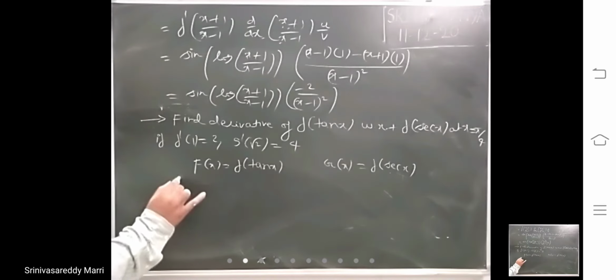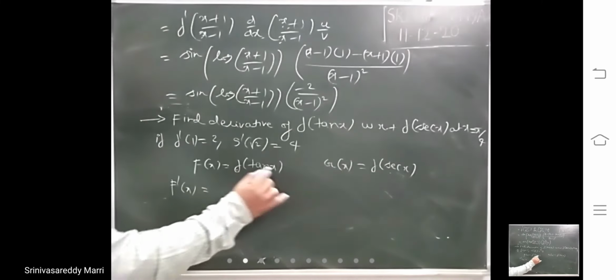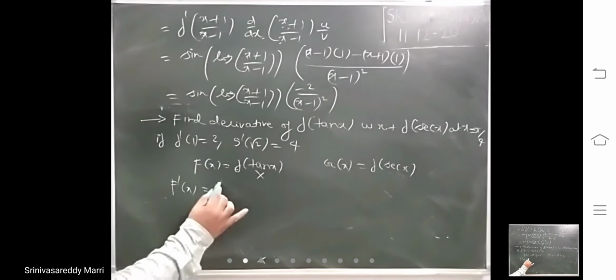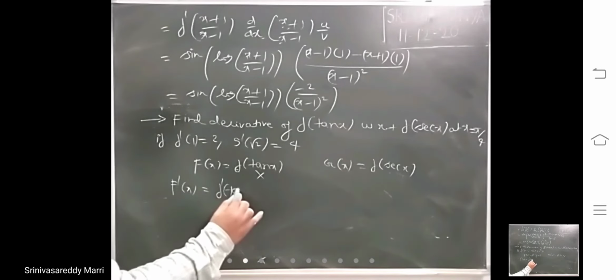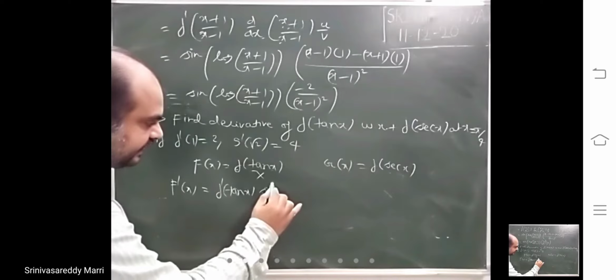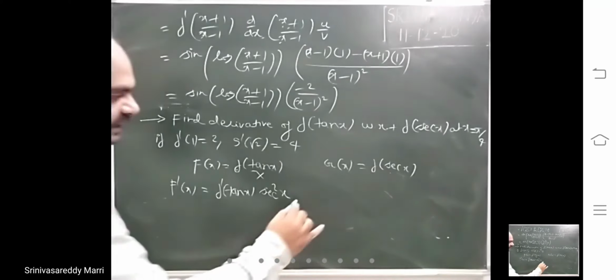Now capital F dash x is d by dx of this. You take this as capital X. That means you get f dash tan x into d by dx of tan x, which is secant square x.